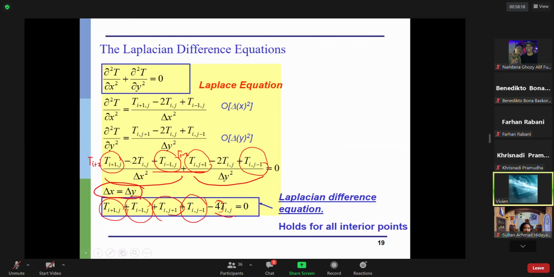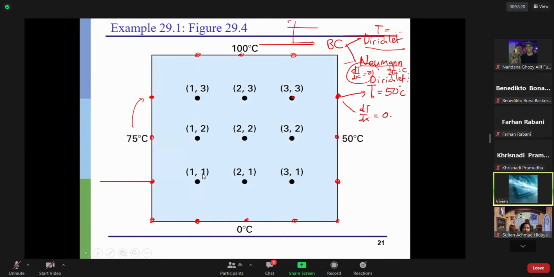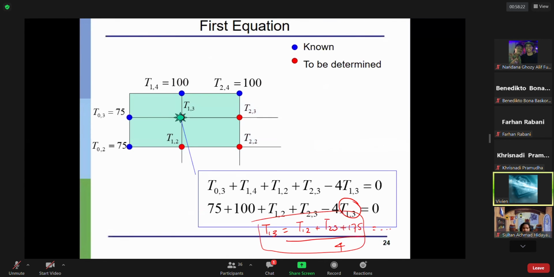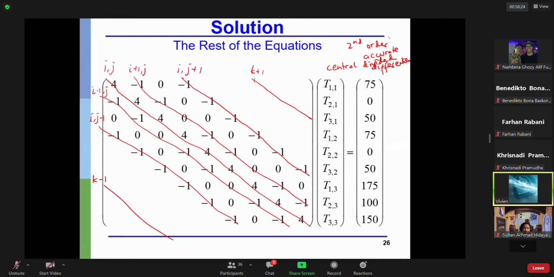Then you will have more dependency to the other points, so when you use a higher order scheme, it means that the coefficient matrix that is constructed is not only Ti plus 1, but you will have a value here on the diagonal, which is the coefficient of the dependency to I plus 2 and to I minus 2, for example, if you have a higher order scheme.